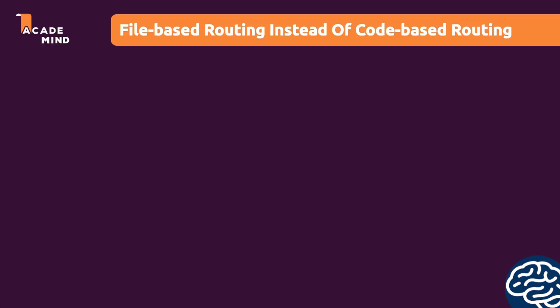In traditional React apps, so in React apps where you are not using Next.js, you set up routing like this. You have some code in one of your React components where you do add various route-related components from React Router DOM, which is a great library.